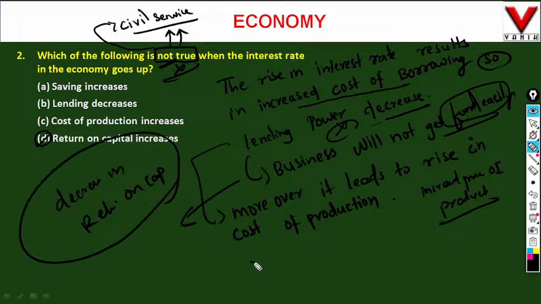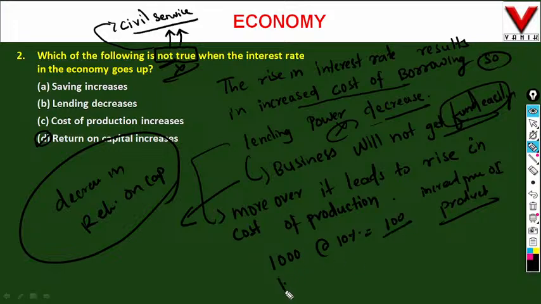For suppose one borrowed 1000 rupees at the rate of 10%. So he was paying 100 rupees as interest.